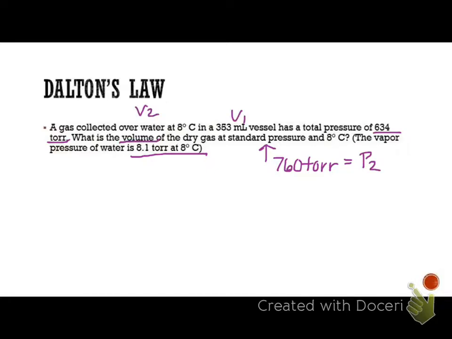P2 is standard pressure, so we have to go back and calculate P1 by subtracting our water vapor. We're looking for P dry gas, so we take this 634 torr and subtract out the 8.1 torr, and we get 626 torr.